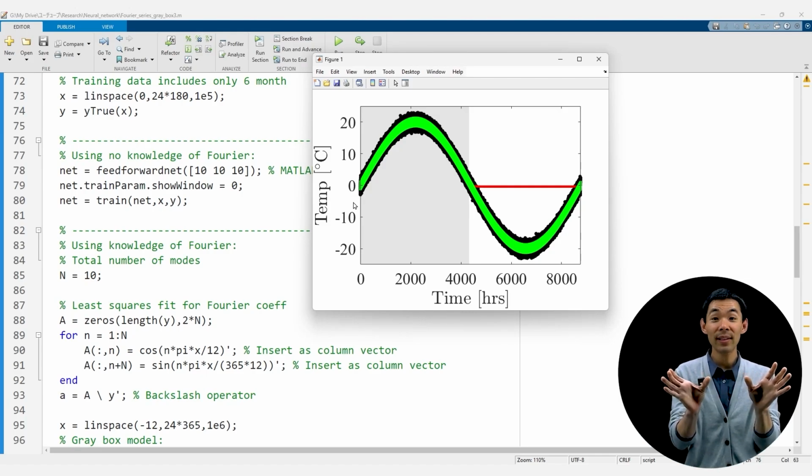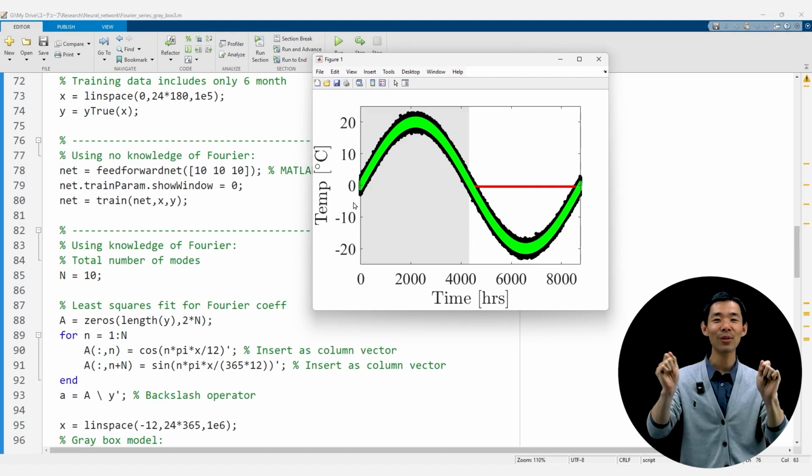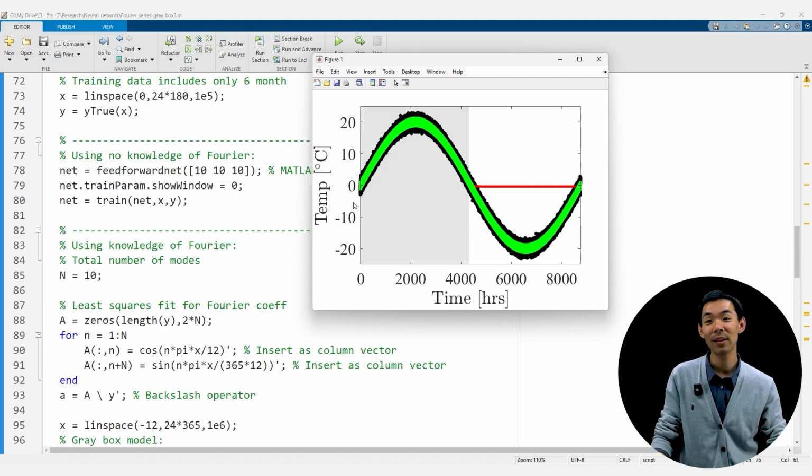So it's a Fourier series with two very different frequency scales, and as long as it fits the right coefficients in those two frequency scales, you can capture the entire range of data.